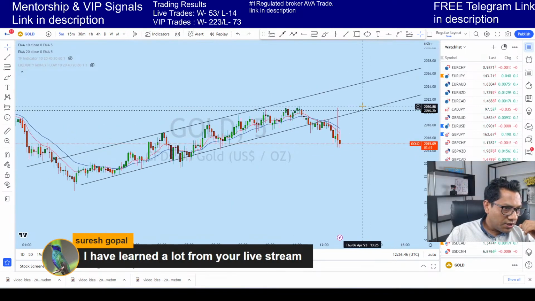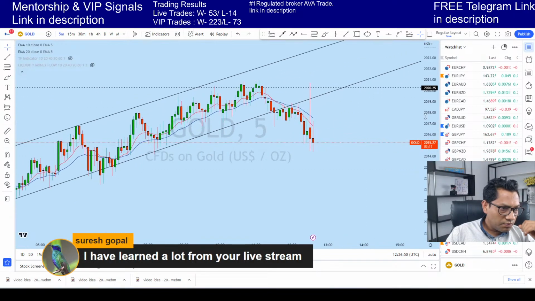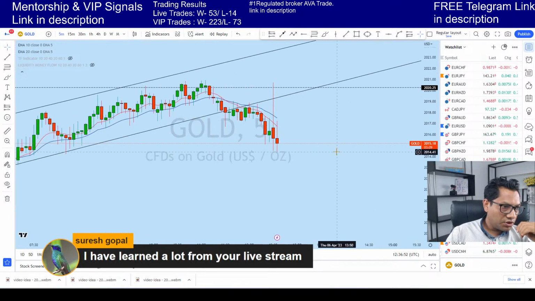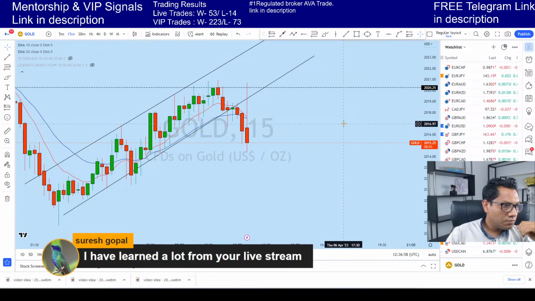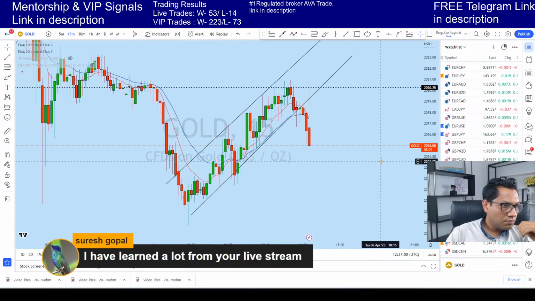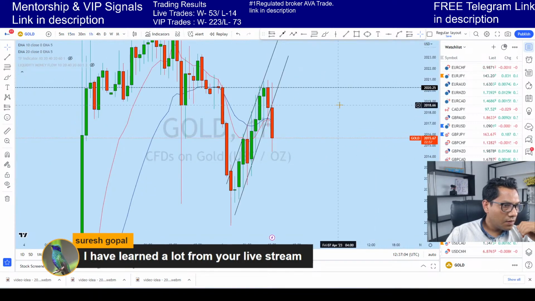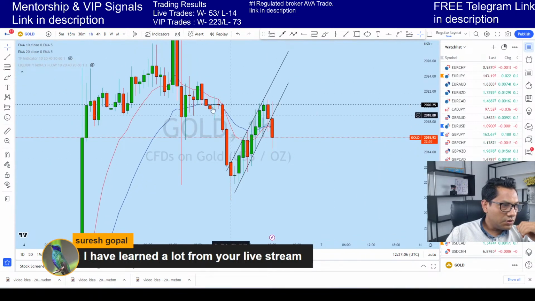So we see a big long bearish candle followed by a doji. Let me see what it is doing.